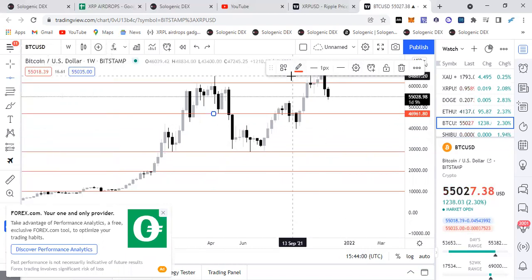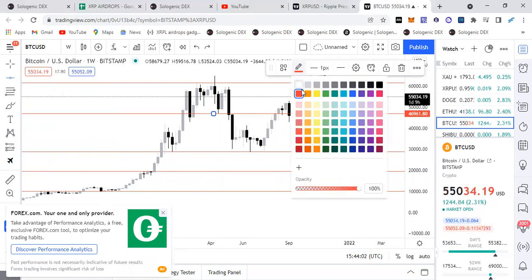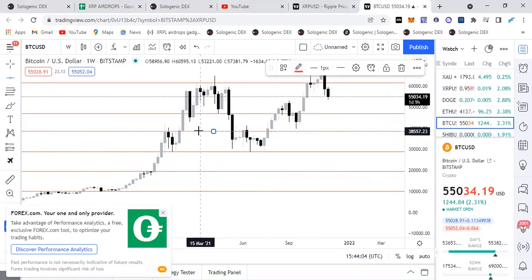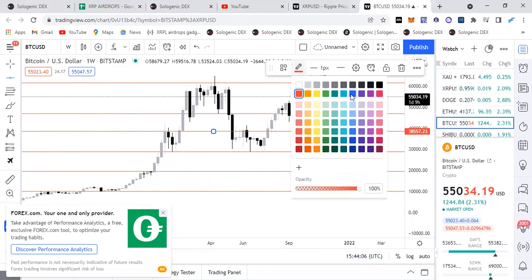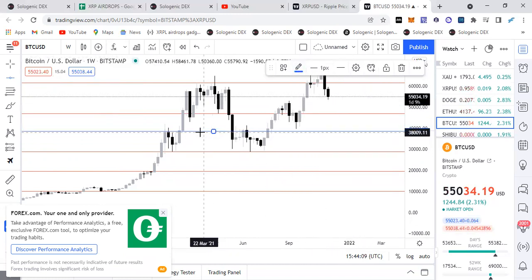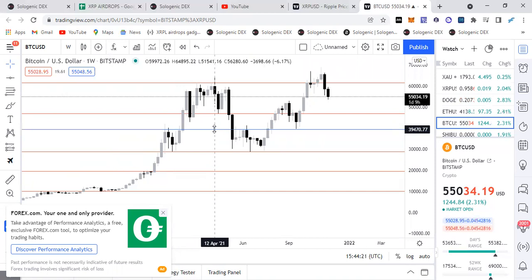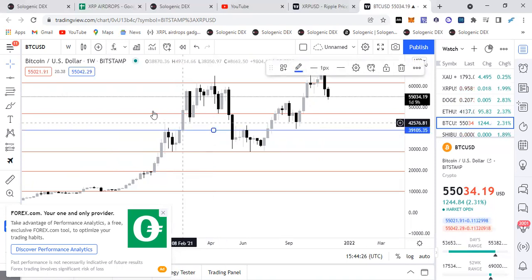So I'm on my weekly chart now, and I am going to draw a new resistance support line with a different color, because this is for my weekly. Left click about here, put this right here.